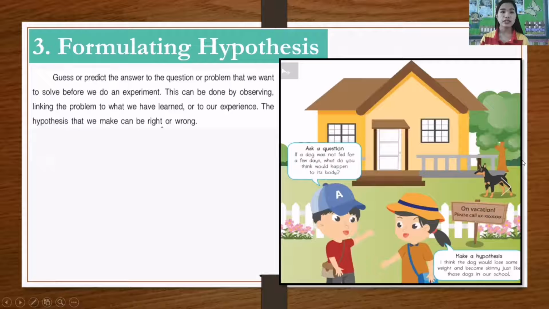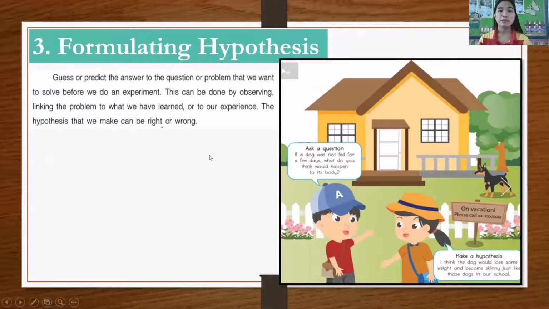Let's proceed to number 3, which is formulating hypothesis. In this process skill, you are going to guess or predict the answer to the question or problem that we want to solve before we do an experiment.